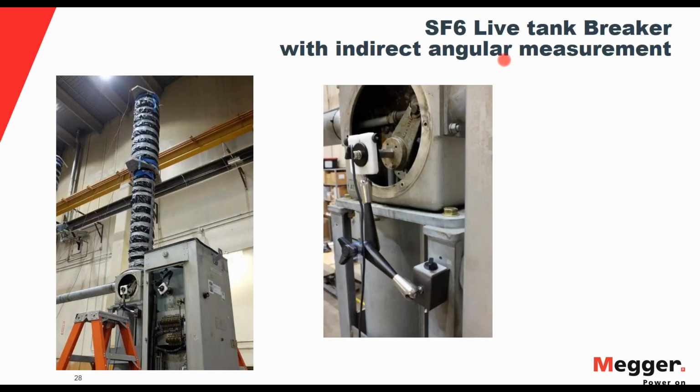This is another angular measurement to this live tank circuit breaker. I believe this was done inside the manufacturer site, but still a good insight. You can find it here. This mechanism is rotating. You can see the arm going in and out.